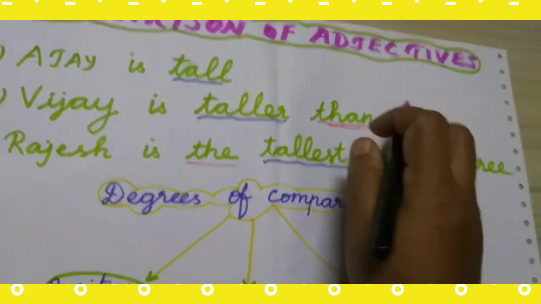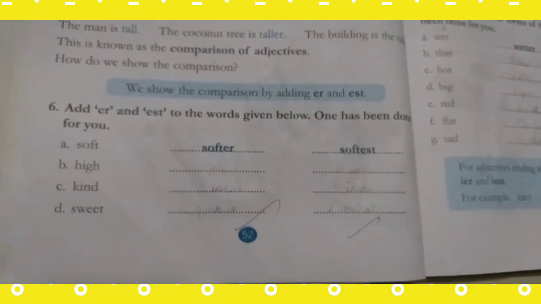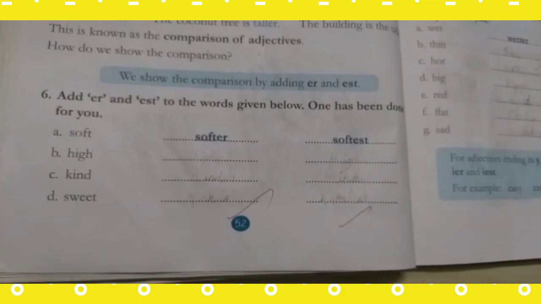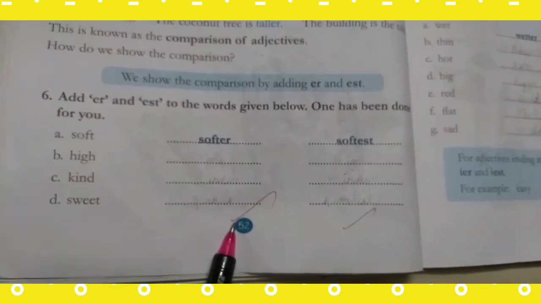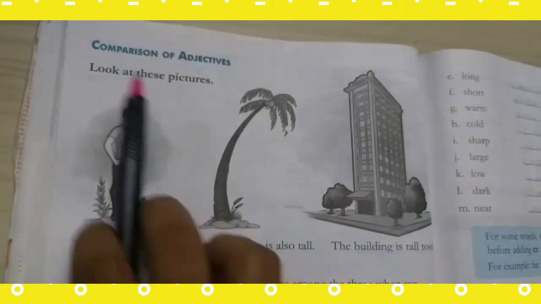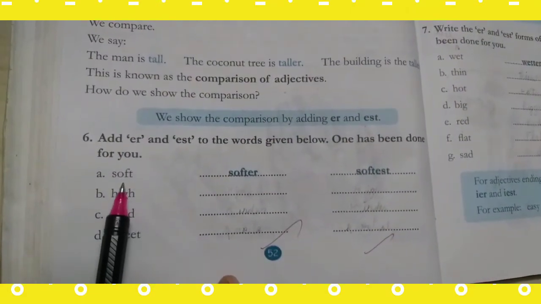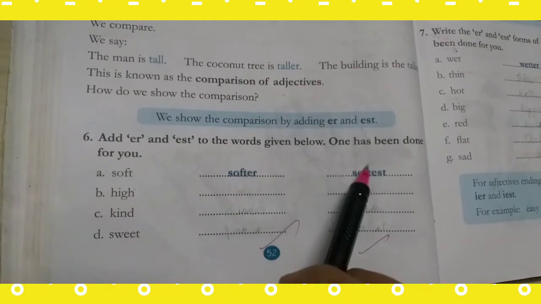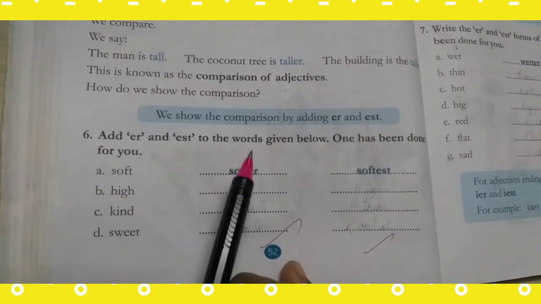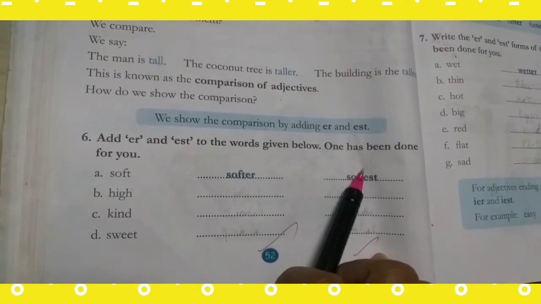Okay students, now all of you take out your Madhubun grammar book and turn to page number 52. Here is comparison of adjectives, the sixth exercise: soft, softer, softest. This is positive degree, comparative degree, superlative degree.